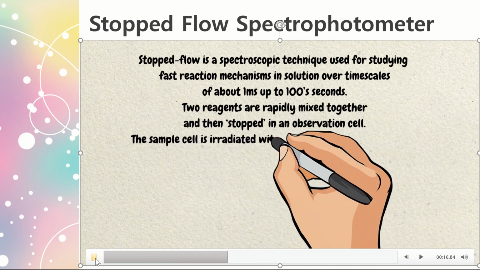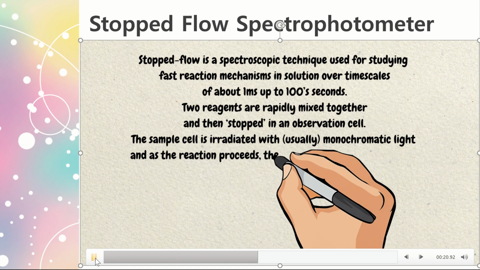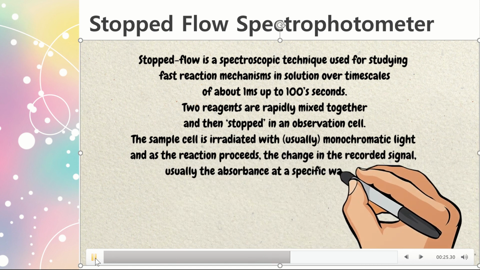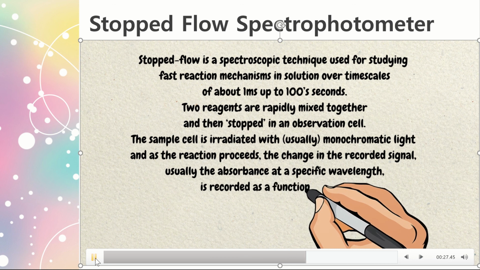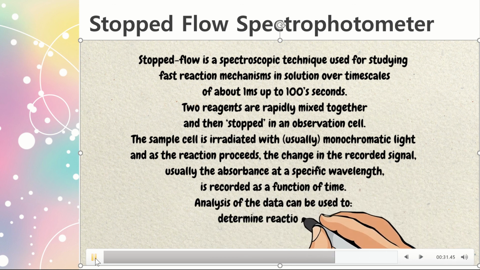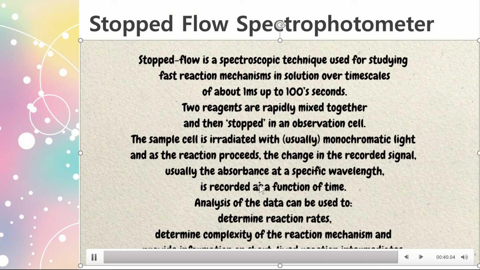Two reagents are rapidly mixed together and then stopped in an observation cell. The sample is irradiated with monochromatic light, and as the reaction proceeds, the change in the recorded signal is usually the absorbance at a specific wavelength.